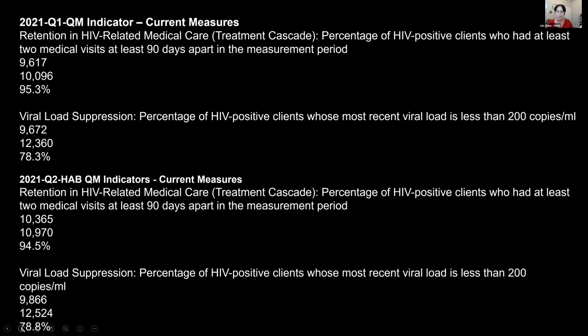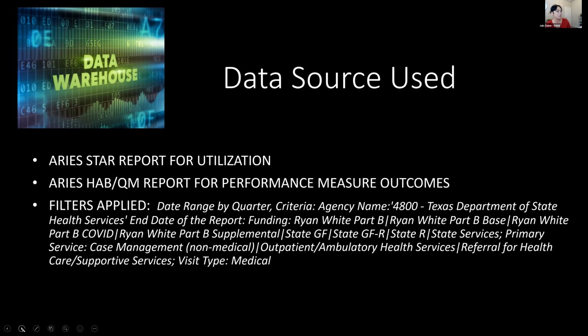I used ARIES for my data source. I get the utilization from STAR, and these are the CQM indicators and the numerators and denominators, if anyone's interested in that, in the performance measure descriptors.